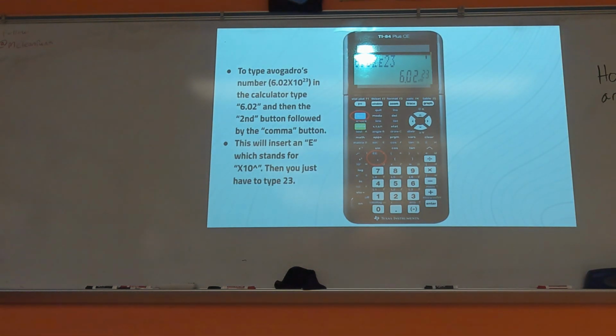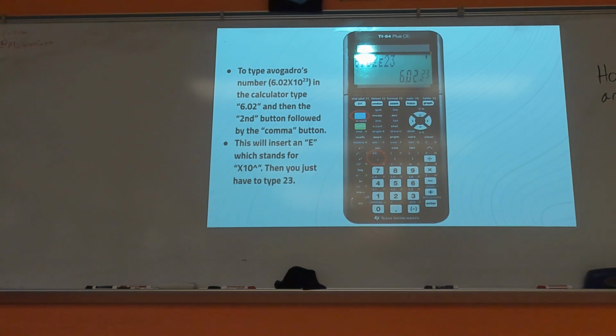I talked about this when we were doing Unit 2, but just a reminder, if you have a graphing calculator, and you want to type in Avogadro's number, you have to do 6.02, and that E button represents times 10 to the power of.